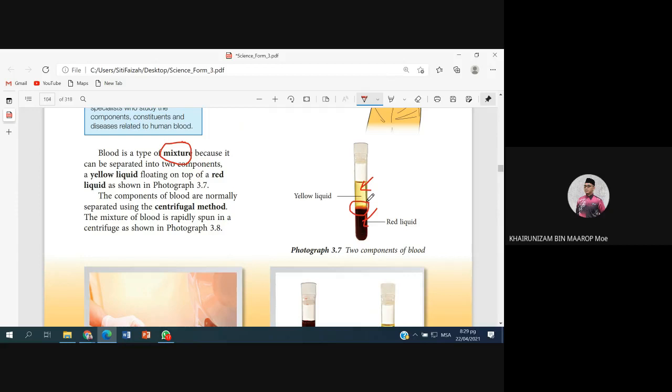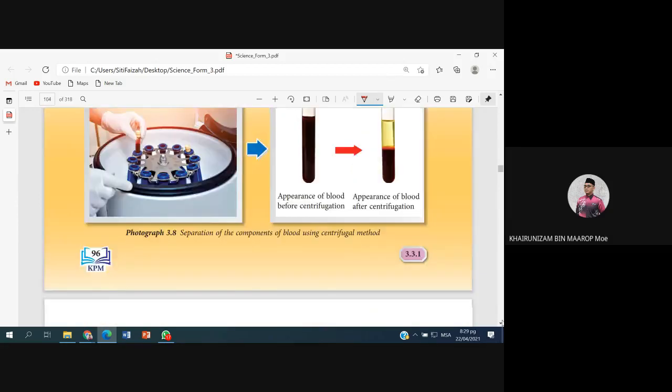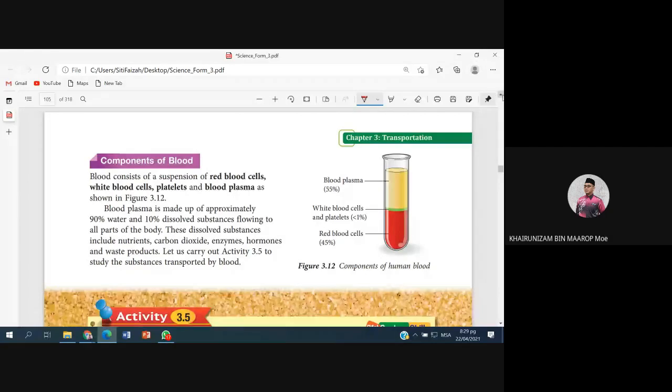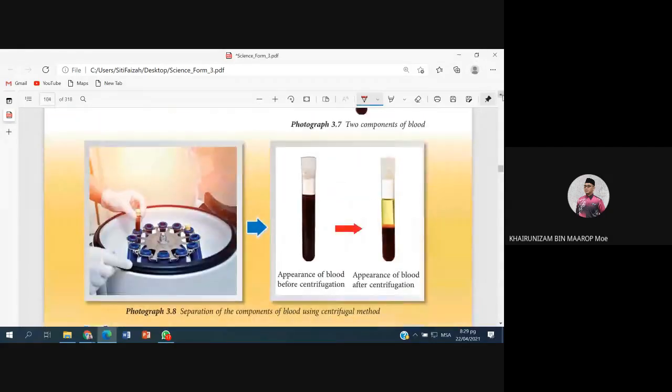The components of blood are normally separated using the centrifugal method. This is the centrifugal machine. We call this the centrifugal method, to separate the blood.